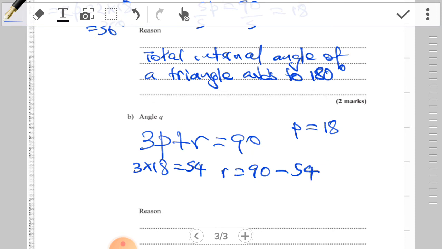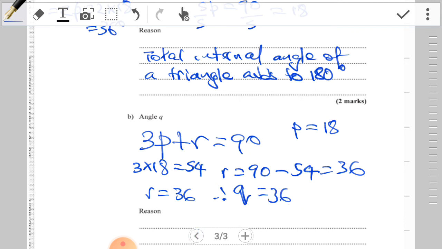And that is going to give us 36. All right? So you could see that R is 36, which means Q is 36.